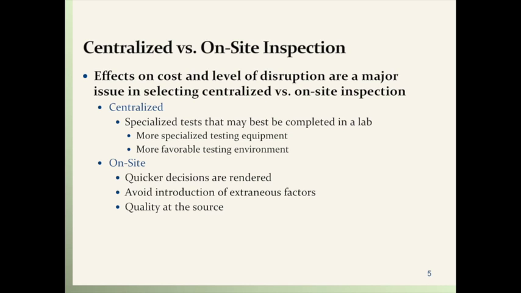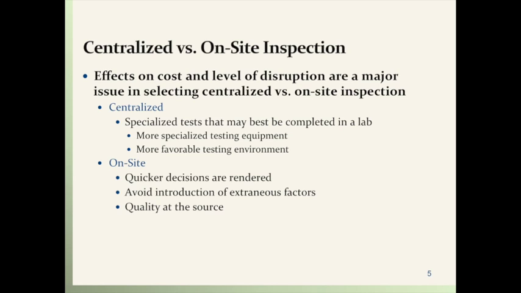The times you want centralized inspection is when you have specialized tests that must be completed in a lab, where you have more specialized testing equipment, or a more favorable testing environment. On site, you really have quicker decisions. So this is where you know right away that something's wrong.